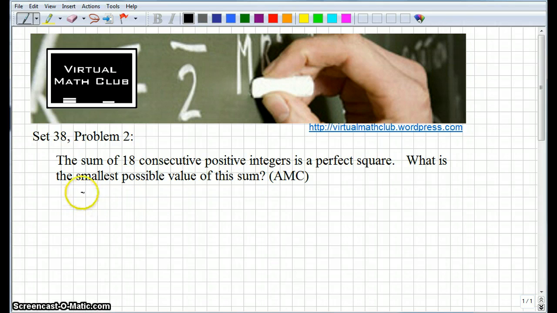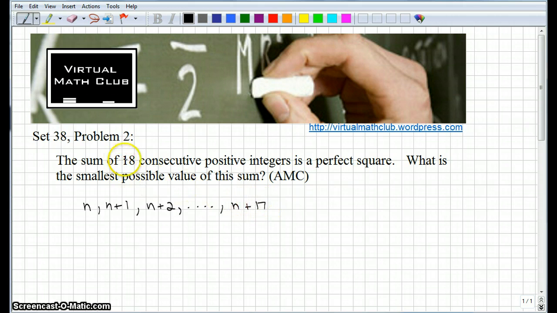Well, the first one, if we call it n, we don't know what it is. But the next one, we know is going to be n plus 1, right? Because they're consecutive. And n plus 2, and n plus 3, and so on, all the way up to n plus 17.